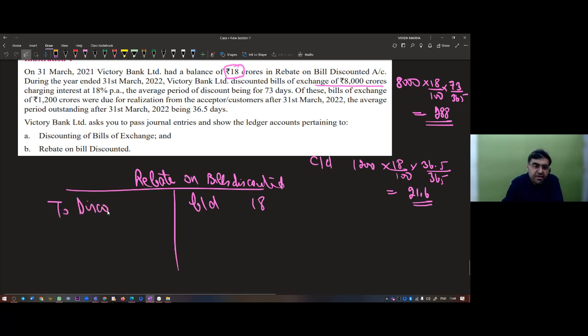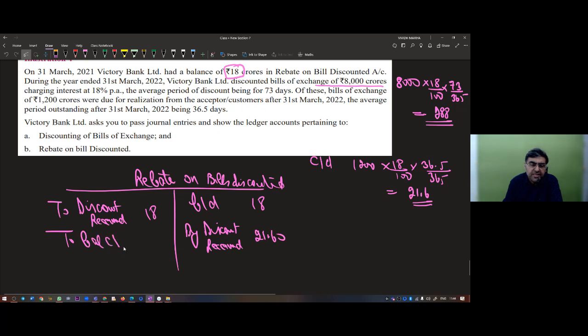It will become income, discount received account. Closing unexpired discount will be created out of the discount received account, and it will be carried down as a liability. Carried down means next year it will be brought down.